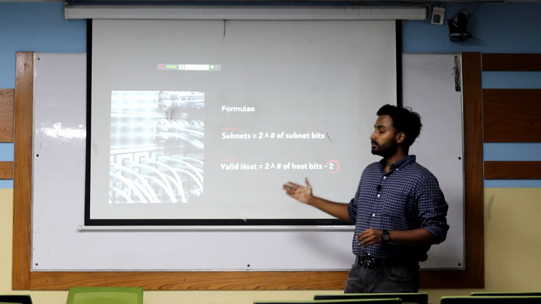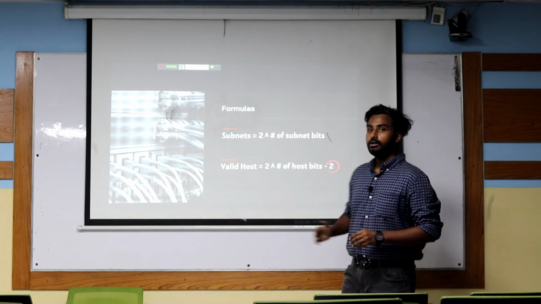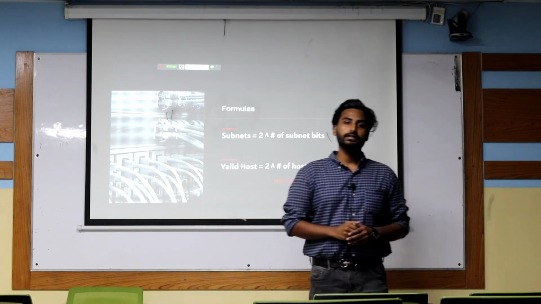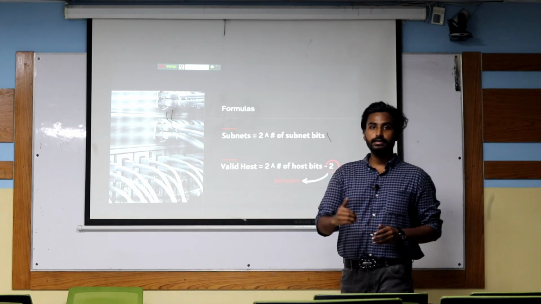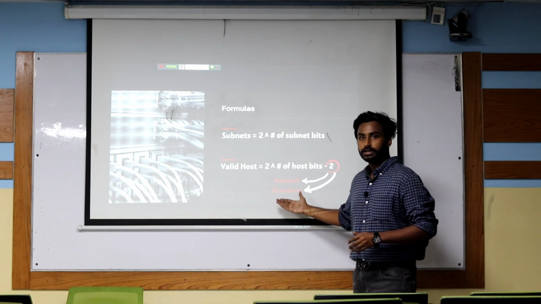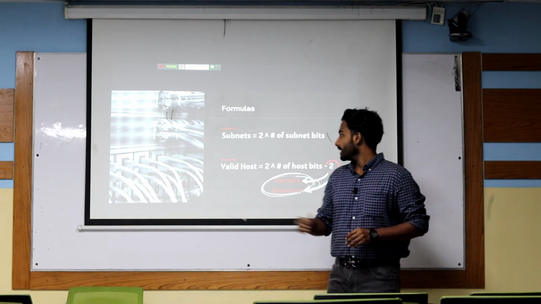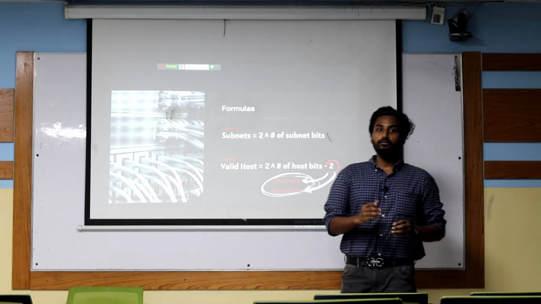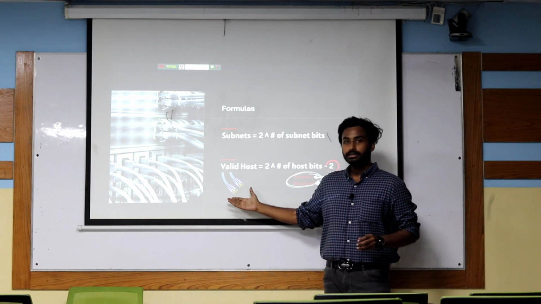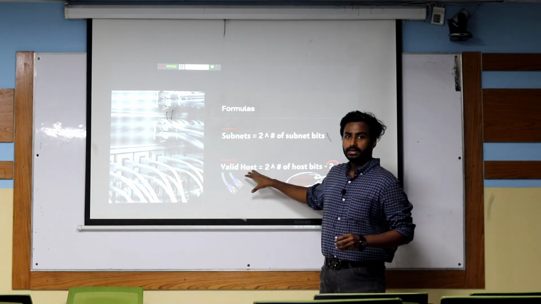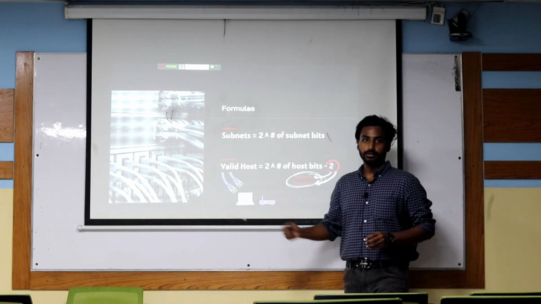We subtract 2 because in a network the very first address is the network address, and the very last address is the broadcast address. So we can't allocate those two as valid hosts, because a valid host means we can connect that IP address to any kind of endpoint, like a computer or router.